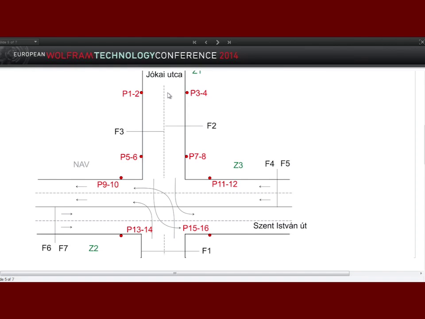Here we have a one-way street, and a lot of buses come from this street because the city center is up there. And this was the main street between Vienna and Budapest before the ring was built around there. So it still has a remarkable traffic.